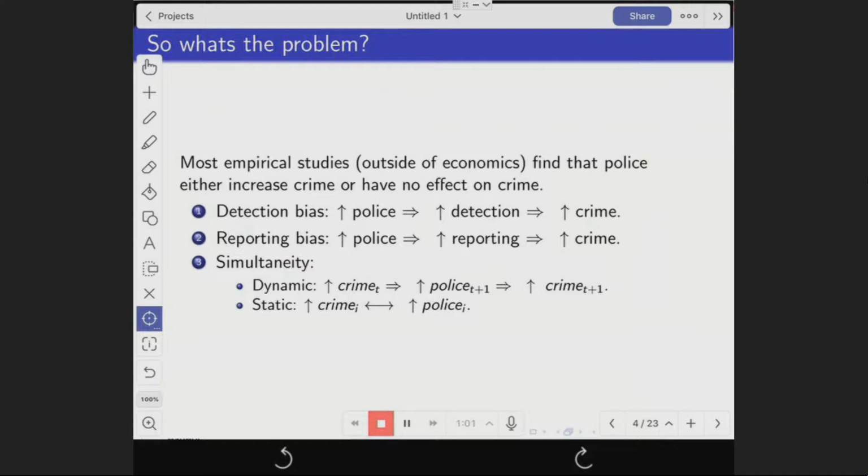So that's the dynamic element. And then there's the static problem. High crime areas tend to have more police, and that induces a positive correlation between police and crime. So most empirical studies outside of economics find that police either increase crime or they have no statistically significant effect.